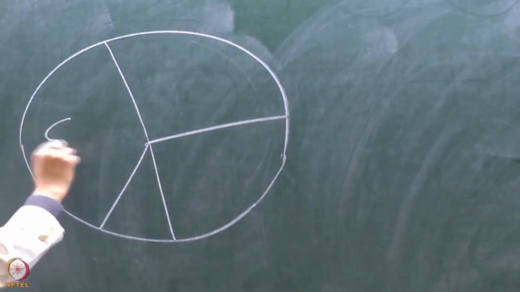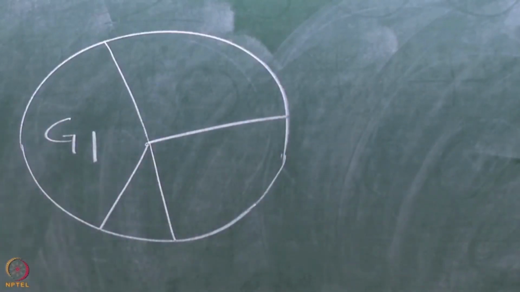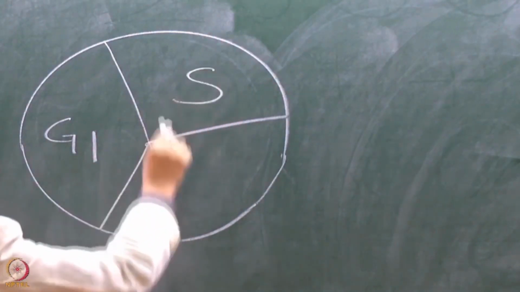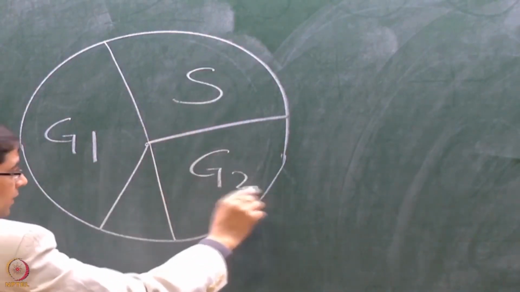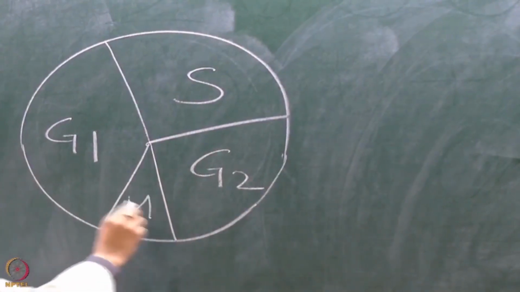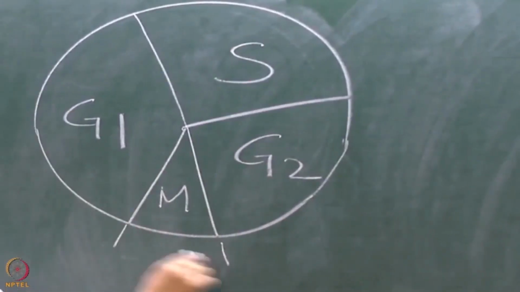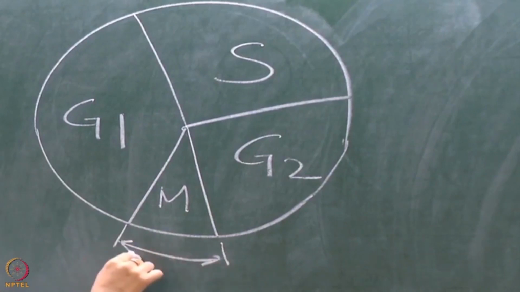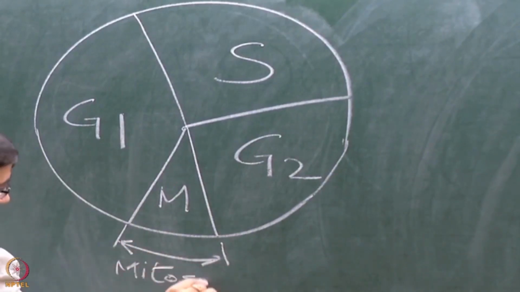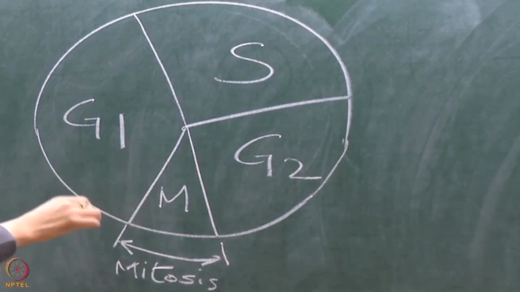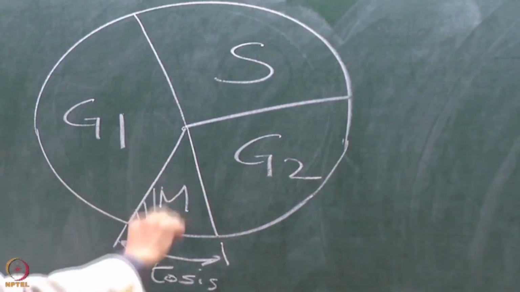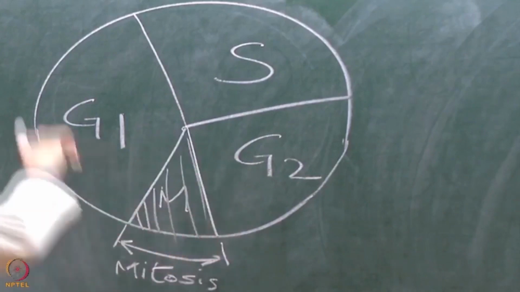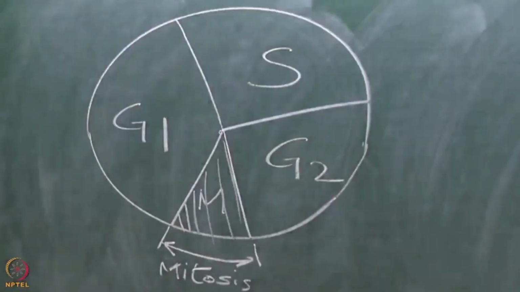One of the phases of the cell cycle is known as G1 phase, and then we have S phase and G2 phase, and then we have a short mitosis phase. The mitosis phase is much smaller, but the rest of the part, which is essentially the interphase or the growth phase, is a much bigger phase.